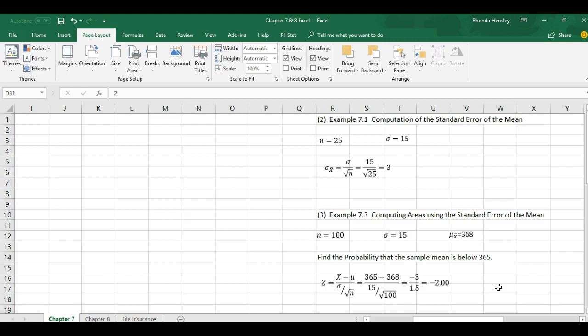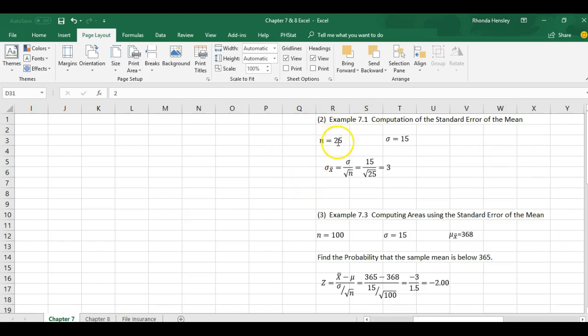All these are population numbers, population symbols. In our example, we substitute in the denominator for the standard deviation something called the standard error of the mean.